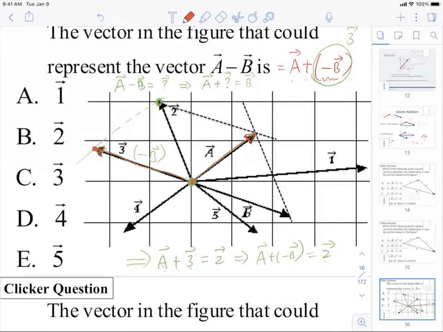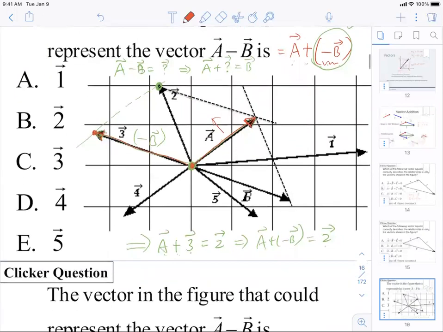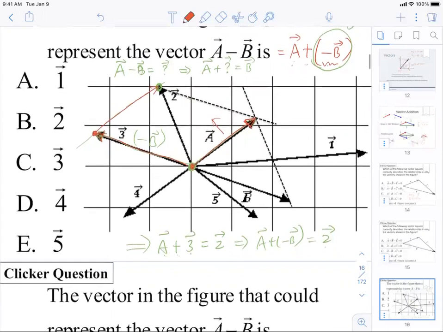So how am I going to move A so that they can overlap? I need to move A up, right? You simply think of this as a stick, and you're moving it up. So I moved A up. You can see here, this is the same length as A and the same direction. I moved it parallelly. This is A. And now the tail of A overlaps with the head of 3.